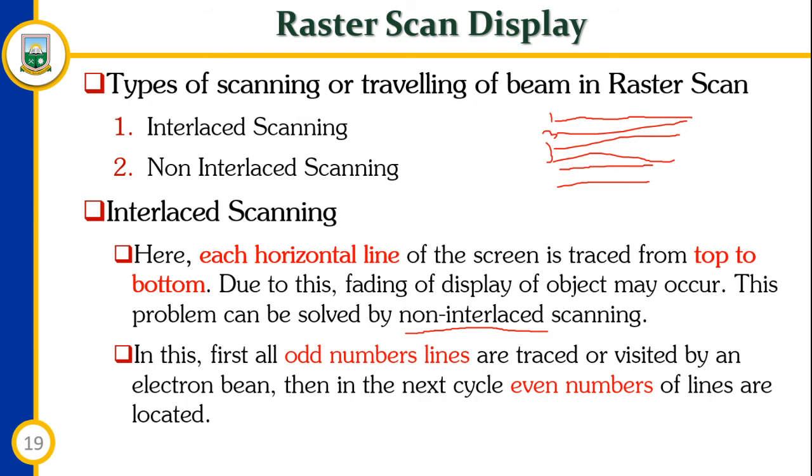So let's look at this. Of course, to remedy the fading, we talked about using the non-interlace scanning. So the non-interlace monitors are now fairly standard, and every scan line from the top to the bottom is drawn in each pass. So the refresh rate usually is 75 Hz and higher.